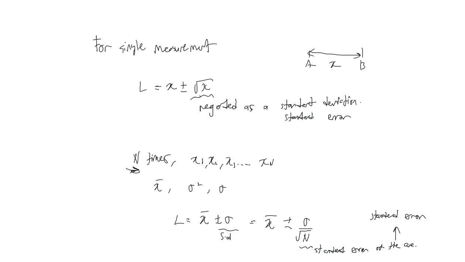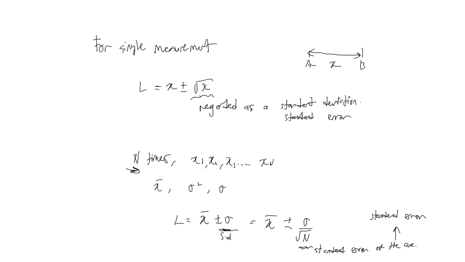So here the standard error is the standard error of the mean value. I wrote here standard error of the average, so it is the standard error of the mean value in your measurement. While here is the standard deviation, it can also be called the standard error, but that is the standard error for a single measurement.